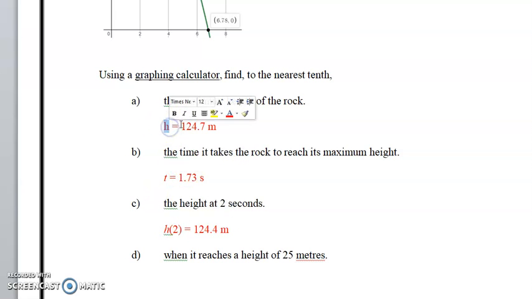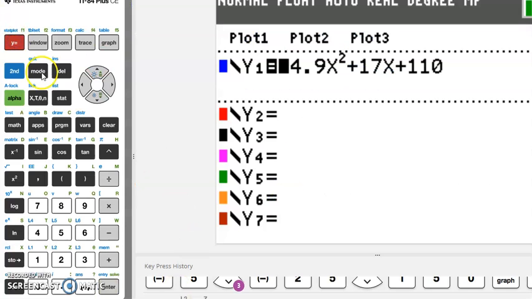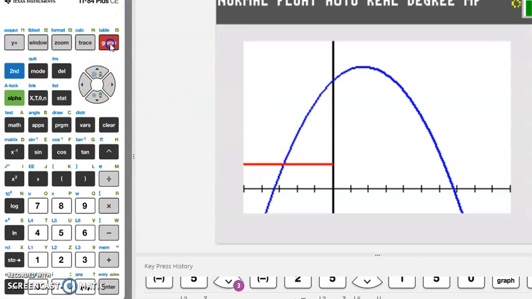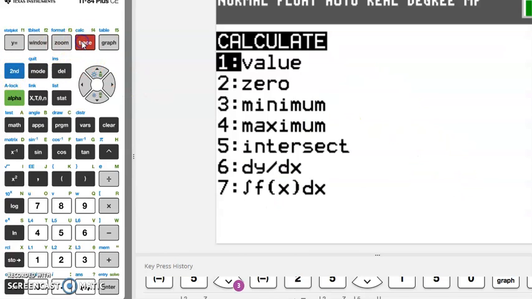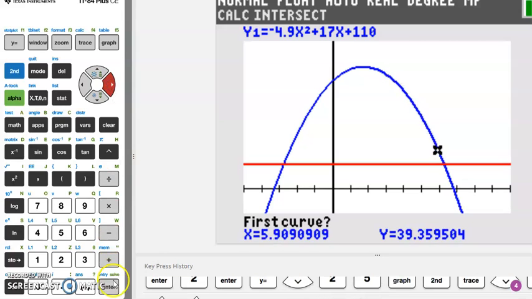The next question says, when does it reach a height of 25 meters? So this is where you do an intersection. You put y equals, and we put our second equation in y equal to 25, and we graph it. So we're looking for this point right here, which is an intersection point. So it's second function, calc, intersection. So we go right till we get close to where we're looking for the intersection point.